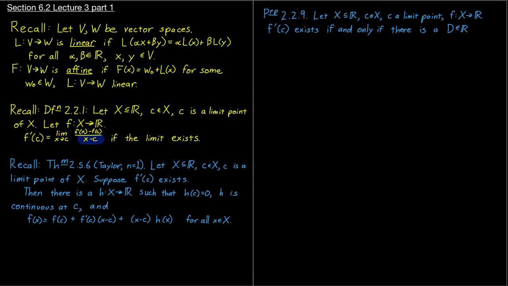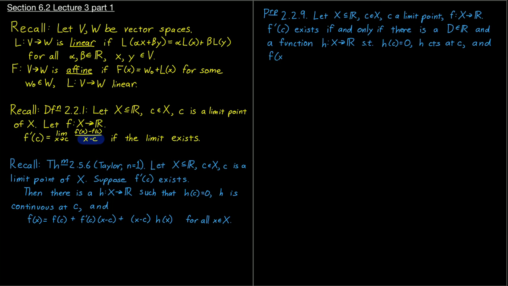D, as it happens, is f prime of C, but the statement works for arbitrary real numbers and a function with the same domain such that h of C is 0, h continuous at C, and exactly what we saw for Taylor's theorem.